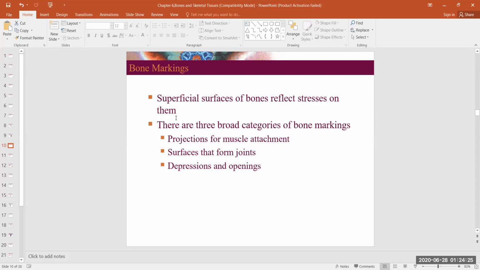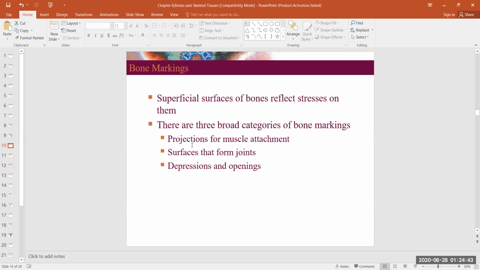Some arteries enter, and they make nutrient foramen. Some holes are developed. So the superficial surface of bone reflects stress on them due to muscle and other flexion. There are three broad categories of bone markings.